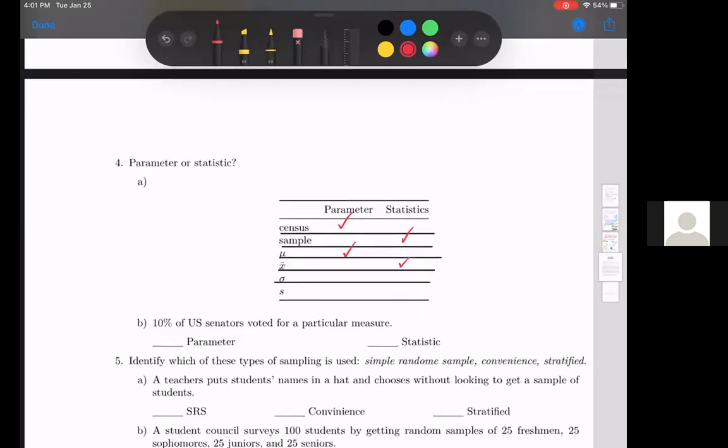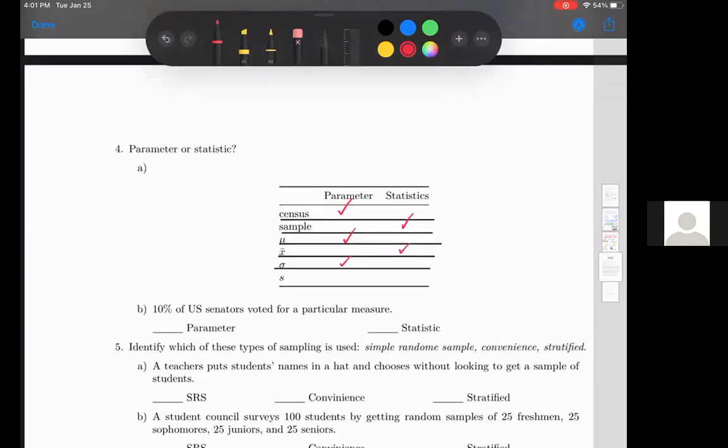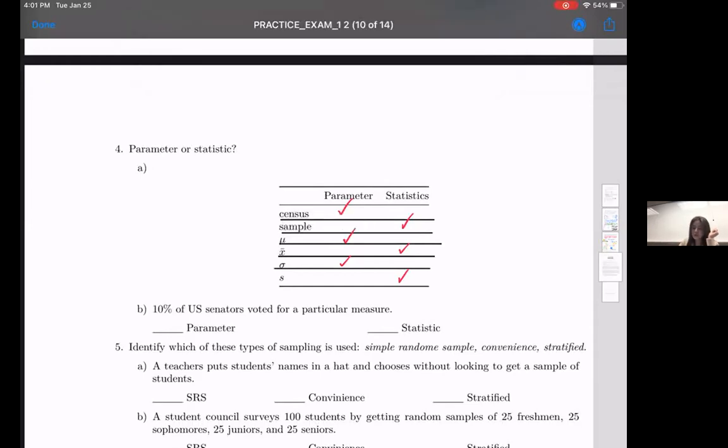Yeah, the sample mean is a statistic. Sigma: population, yeah, parameter. And then standard deviation s. Sorry, s is for sample, for statistic. Make sure you know these.